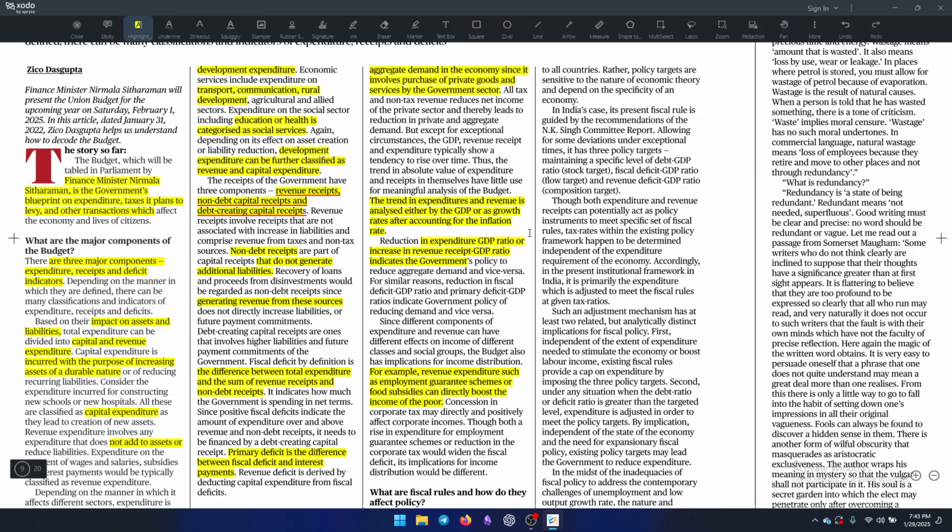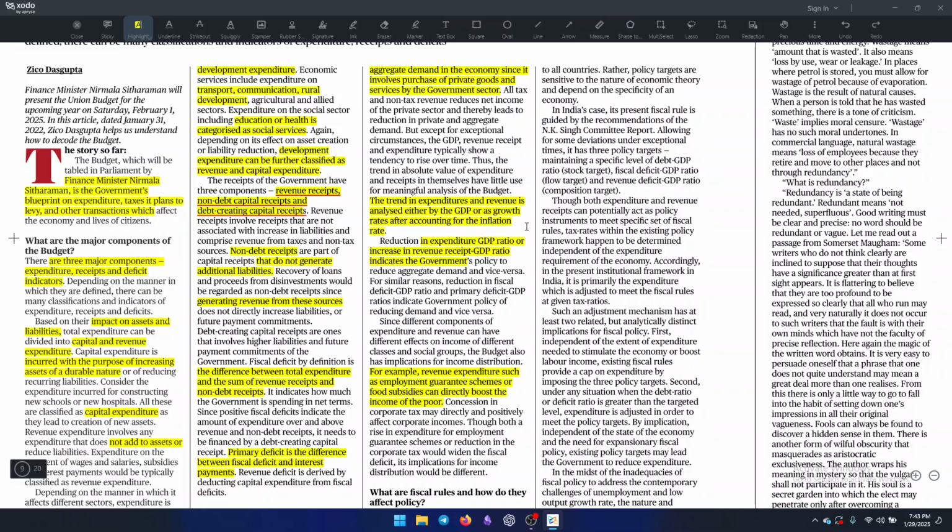The trend in expenditures and revenue is analyzed either by the GDP or as growth rates after accounting for inflation rate.